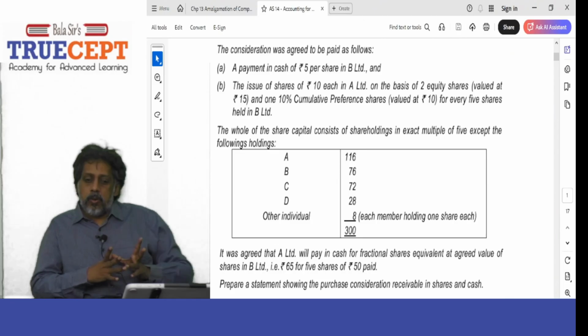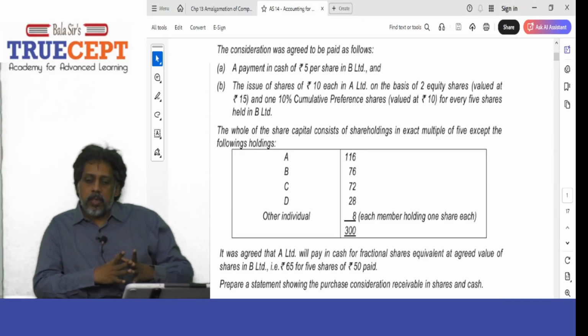I'm going to issue shares. Face value how much? Of rupees 10 each. Read the sentence once again: the issue of shares of rupees 10 each. It doesn't matter whether preference or equity, the face value is 10 each.